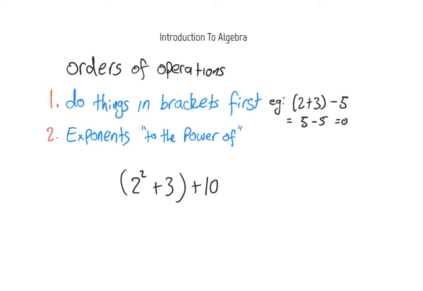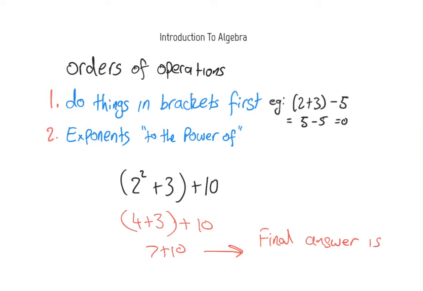So that will turn out to be 2 to the power of 2, which is 4, plus 3, which is still inside the bracket, plus 10. And since there's still a bracket and we need to solve that first, we work inside the bracket. So that'll be 4 plus 3, 7 plus 10. Therefore, the final answer is 17.